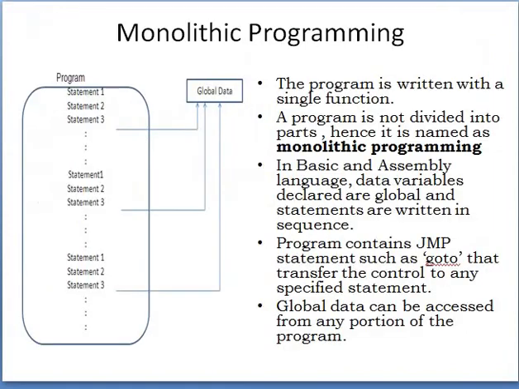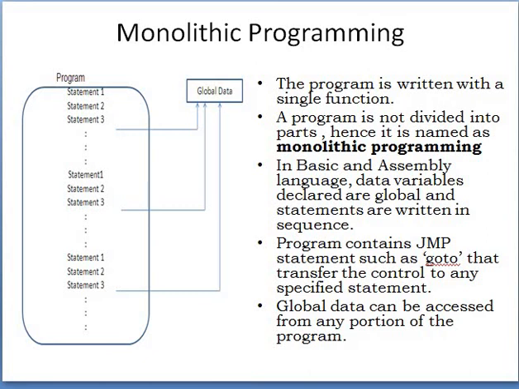Next, monolithic programming. Why is it called monolithic programming? Because whenever we write a program, it is not divided into parts. Hence, it is named monolithic programming. The program is generally written with a single function, which uses global data.